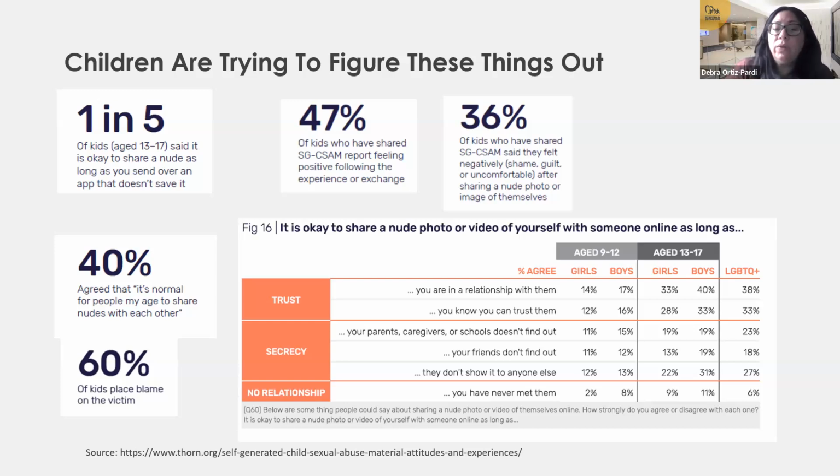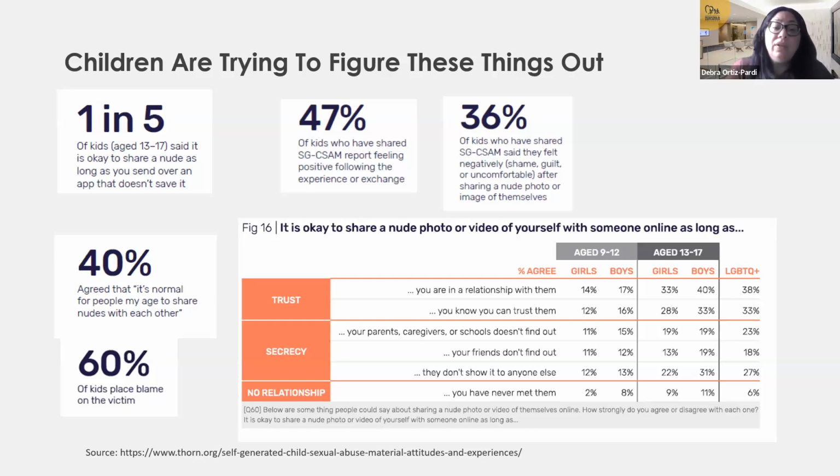So I think it's important to acknowledge that when we're talking to kids and try to understand that this can be the experience of some of the kids in your lives or some of the kids that you're talking to around these issues, is some might be feeling positive feelings when they share out their images, that they've engaged in this behavior and they didn't necessarily feel bad about it.